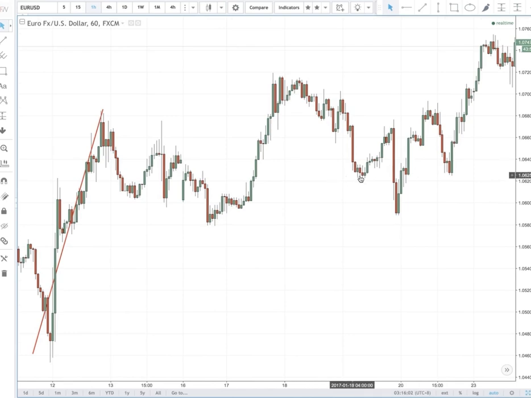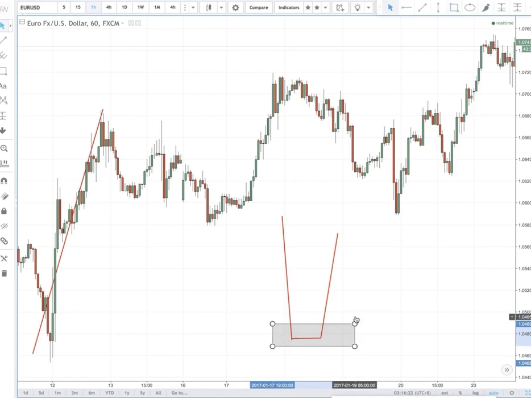So there was a hidden demand here, which is confused by people. Is that the demand? Demand works in two ways: drop, base, rise. It's basically the opposite of supply. They're saying this is demand, this little extreme area down here.